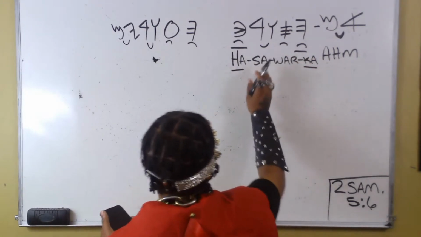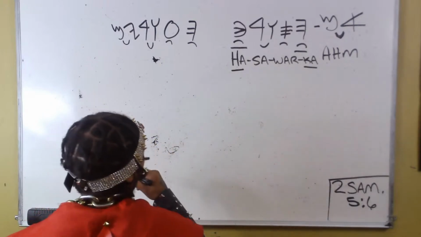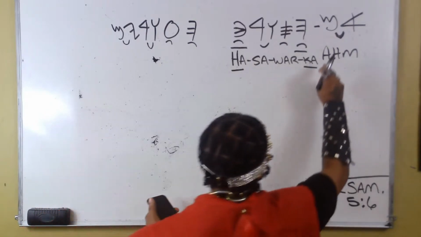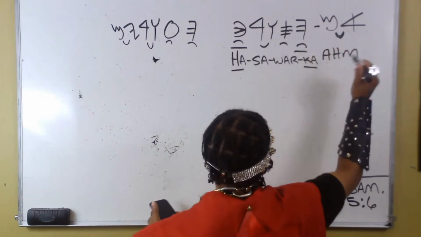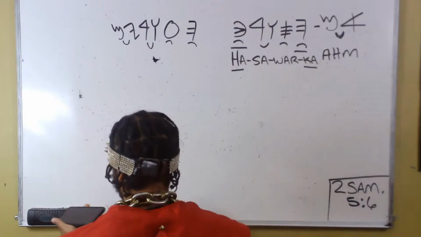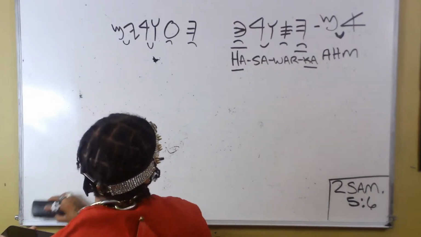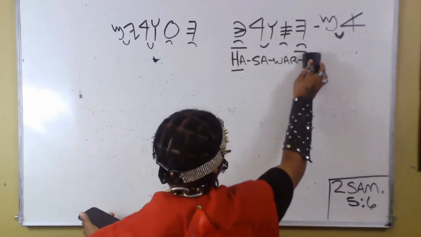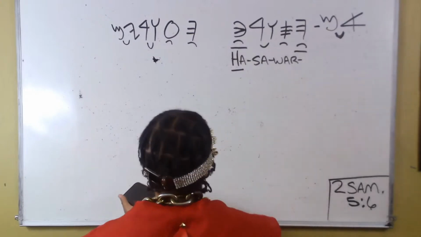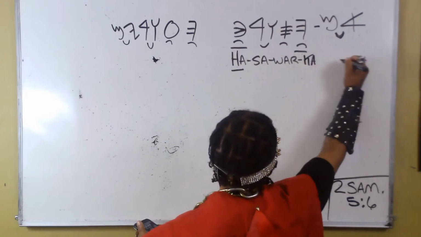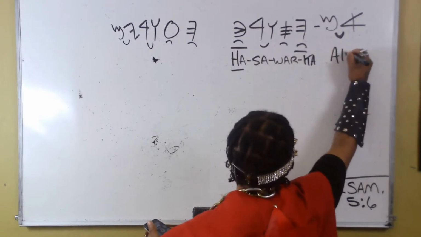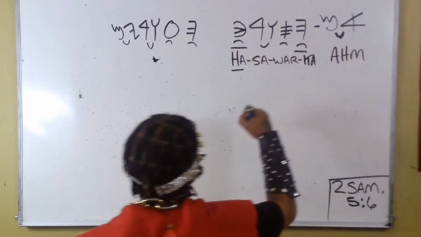Ka and the character ha are both connectors. That A was messing with me where I wrote it. It looked a little weird. I'm gonna rewrite this last part. Ha Sawar ka. And then you got yum.